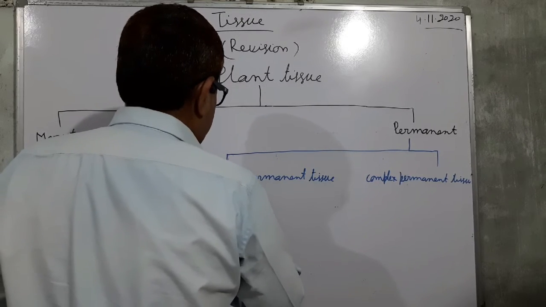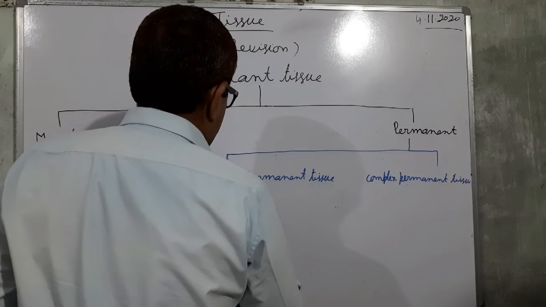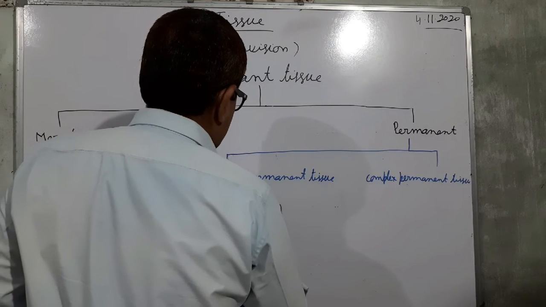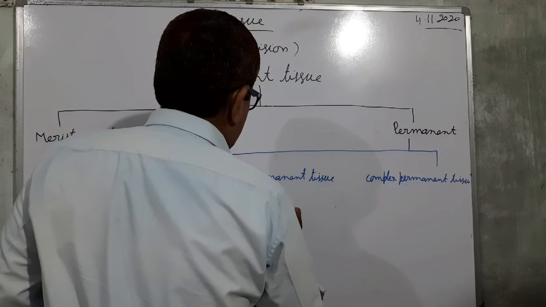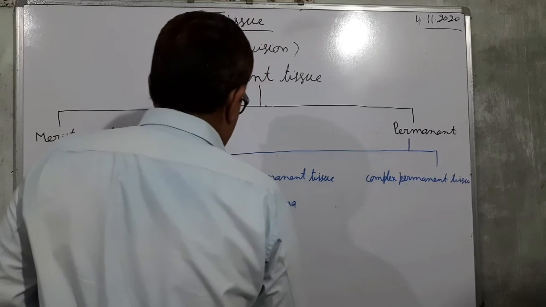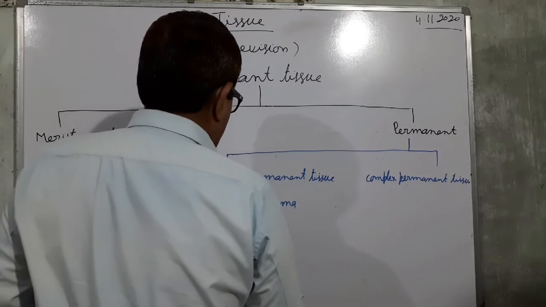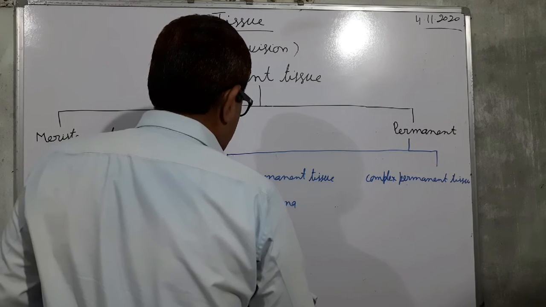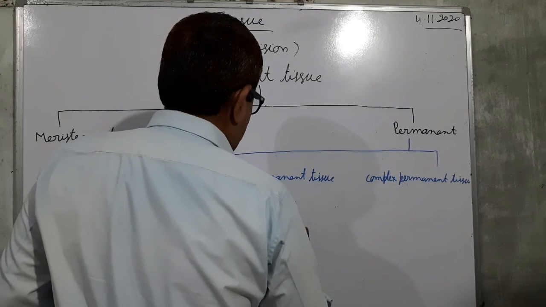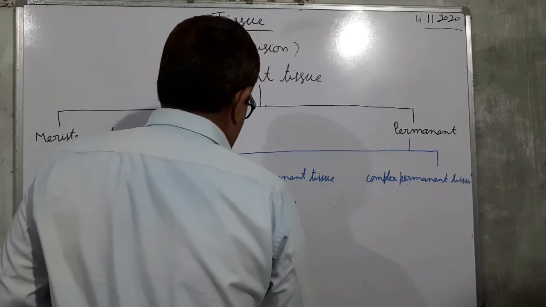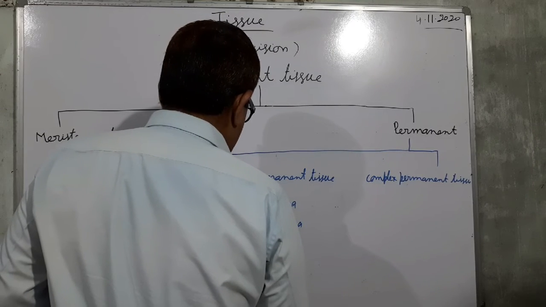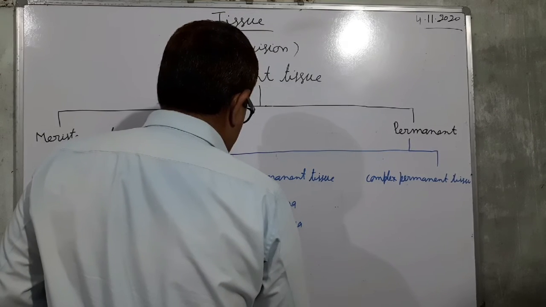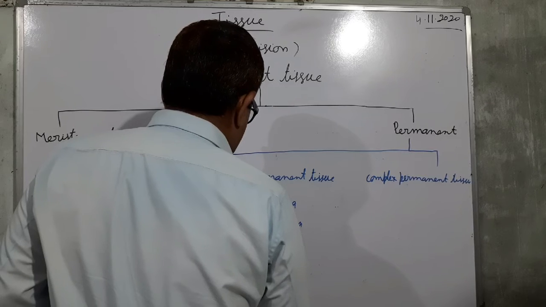Number one is parenchyma, second is collenchyma, and third is sclerenchyma.